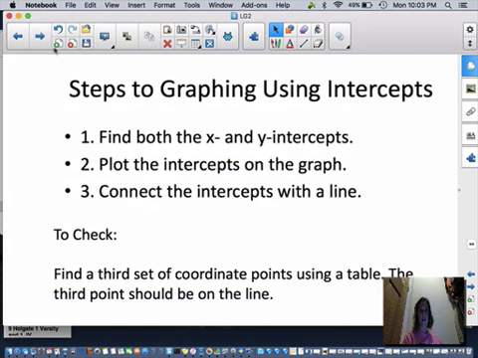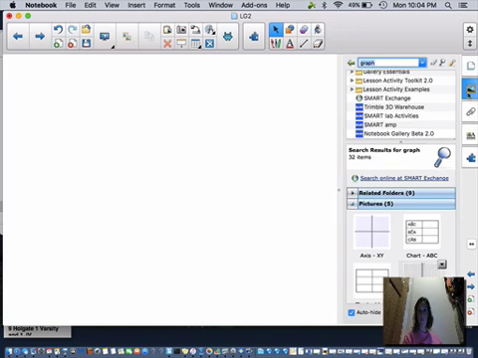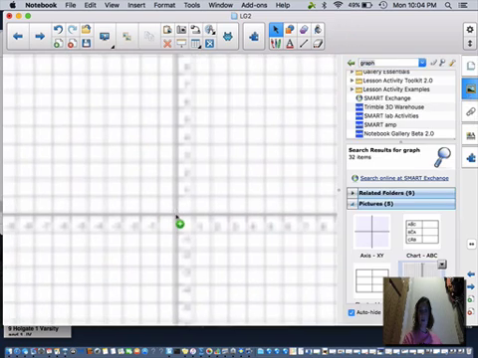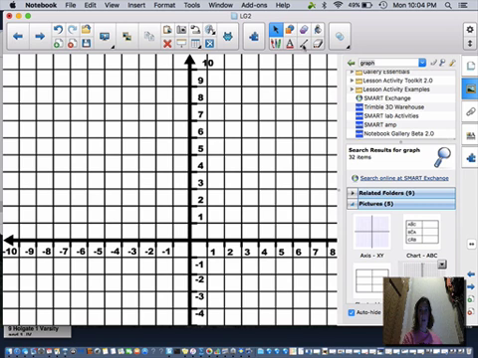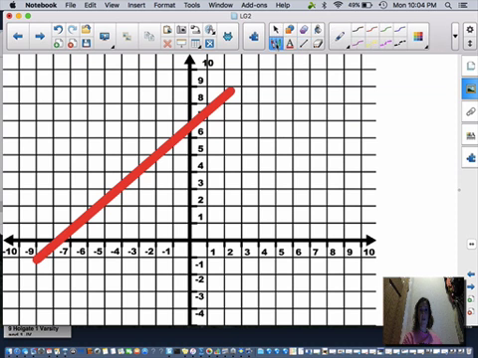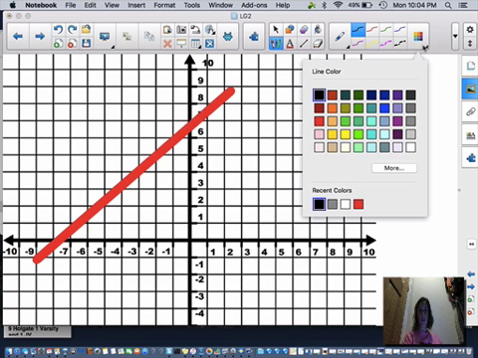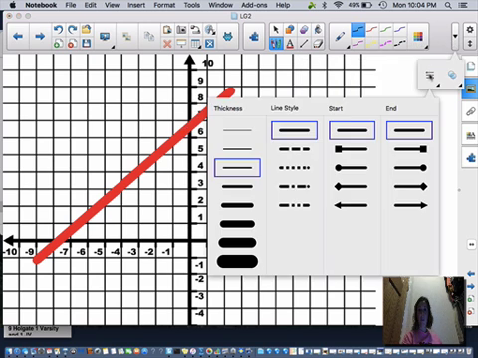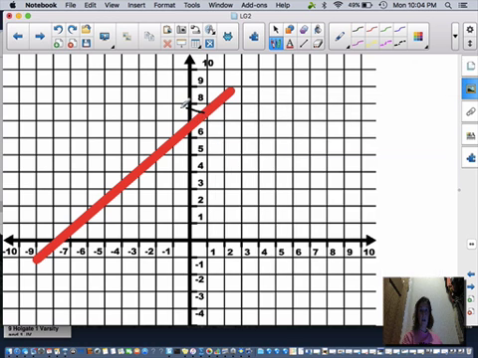so if I go back and I create a graph, and I make a line on this graph, I can identify the x and y intercepts. Okay, so looking at this first point here, I can show that this is my y-intercept.